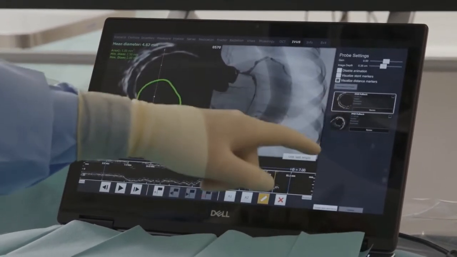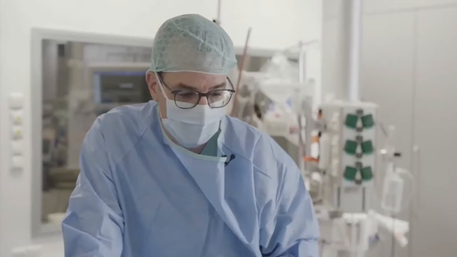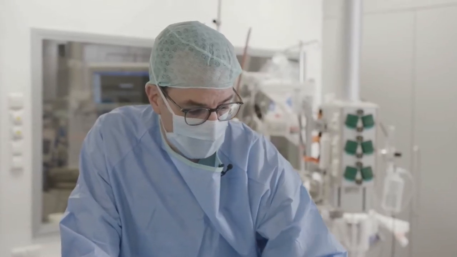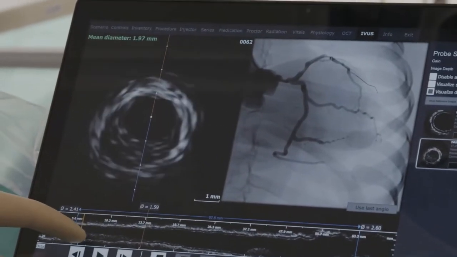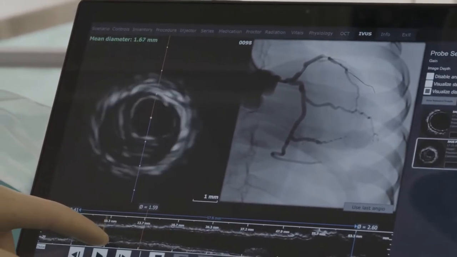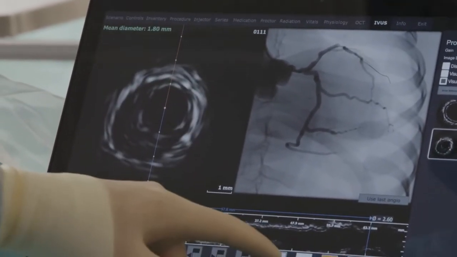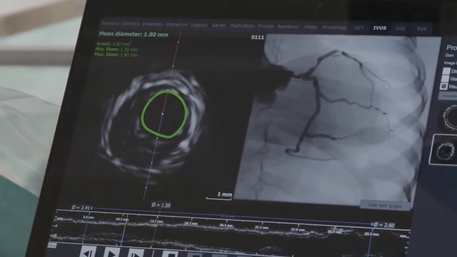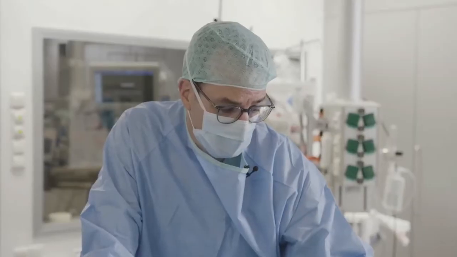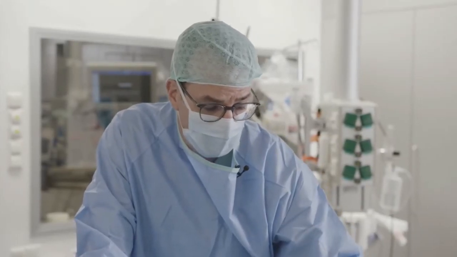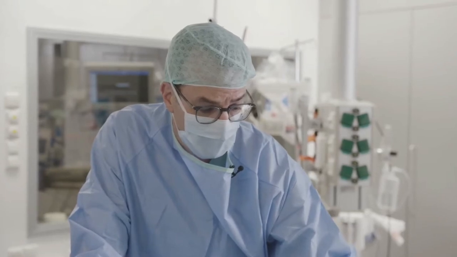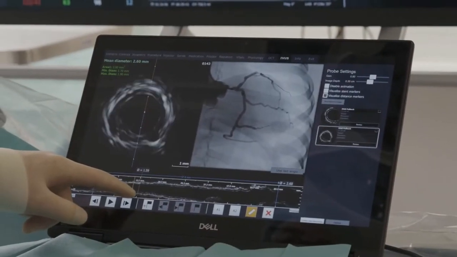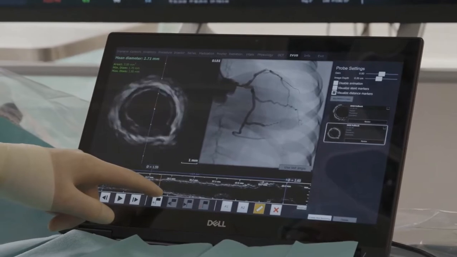If we look at the IVUS of the LAD, of course we have this tight stenosis. There's an MLA of 3.0 square millimeters, which might be enough. That has to be evaluated by functional assessment after treatment of the left main.